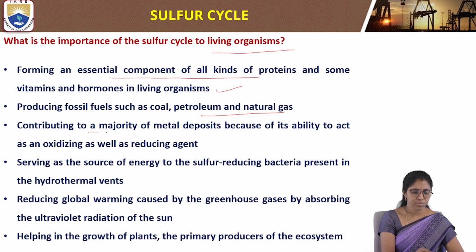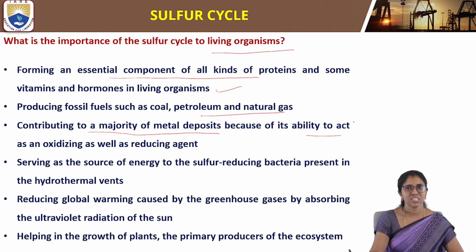It also contributes to the majority of metal deposits because of its ability to act as an oxidizing as well as reducing agent. It also serves as a source of energy to sulfur reducing bacteria present in the hydrothermal vents.